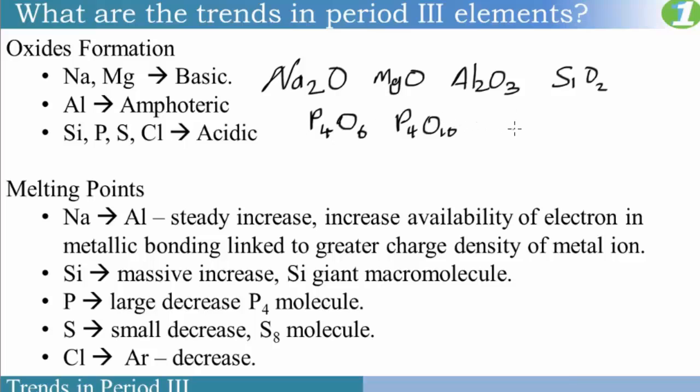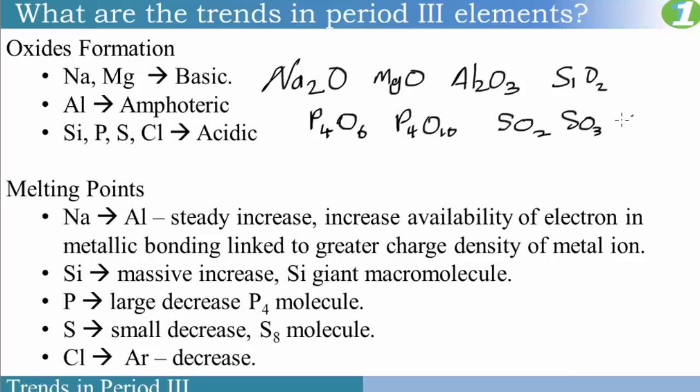Sulfur can form the oxide SO2 as well as the oxide SO3. And you will see the importance of these oxides in forming sulfuric acid. And finally, the oxide of chlorine. You could simply call it chlorine oxide, or you could call it dichlorine heptoxide.